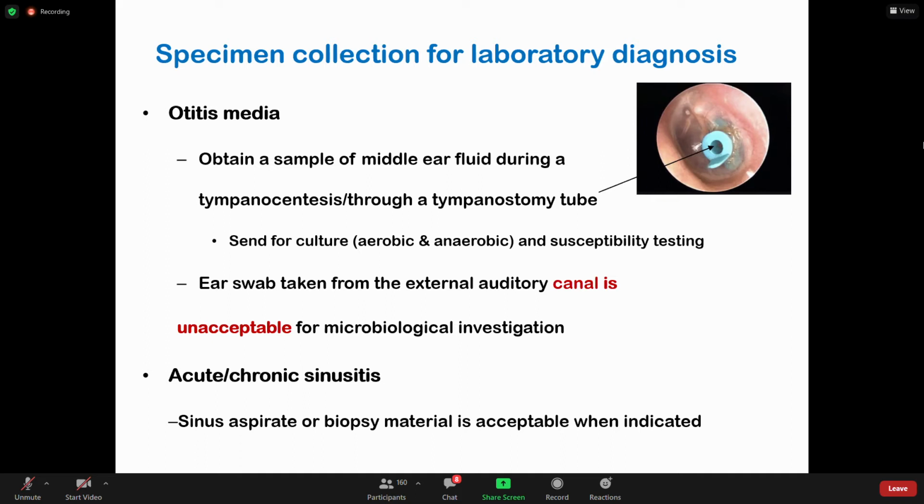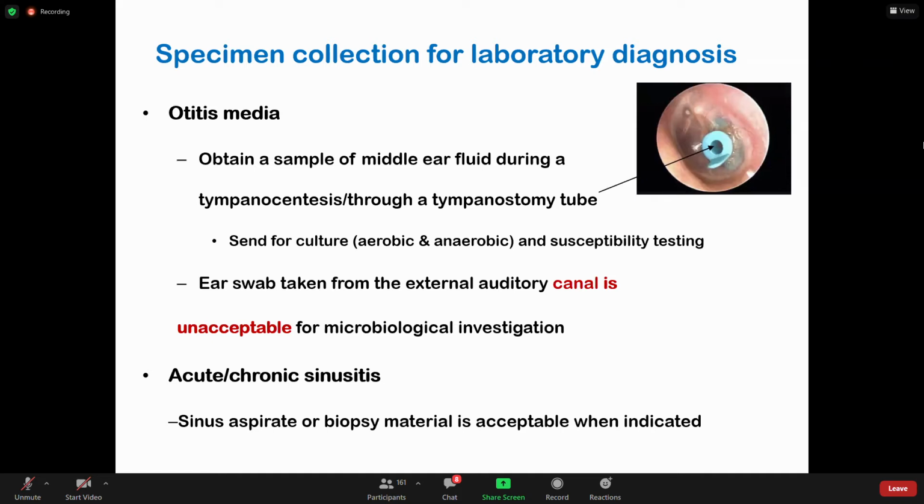Send for culture for both aerobic and anaerobic, depending on how the patient presented. If you're thinking of acute otitis media, we are going to go ahead and perform aerobic culture. If you have a chronic situation, then it's important to note if anaerobes are also playing a role in that infective process. And of course, we perform susceptibility testing on isolates recovered.